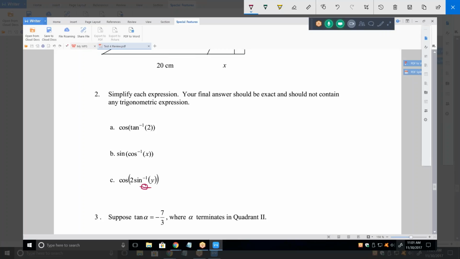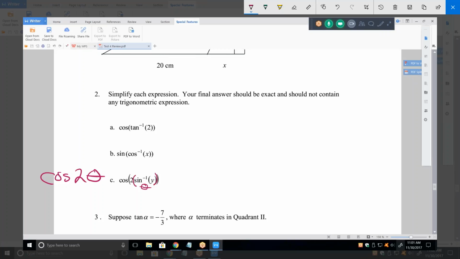And by that, I don't mean 2 sine, I mean that. The inverse sine of a number is an angle. So the problem really is the cosine of 2 theta.